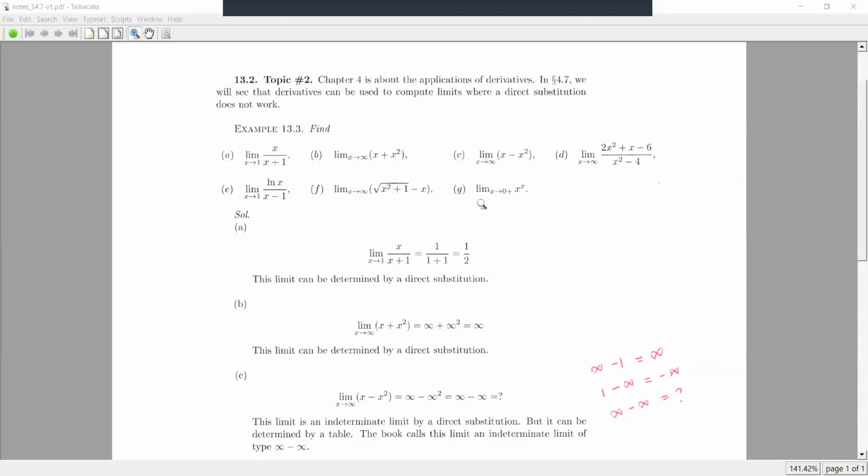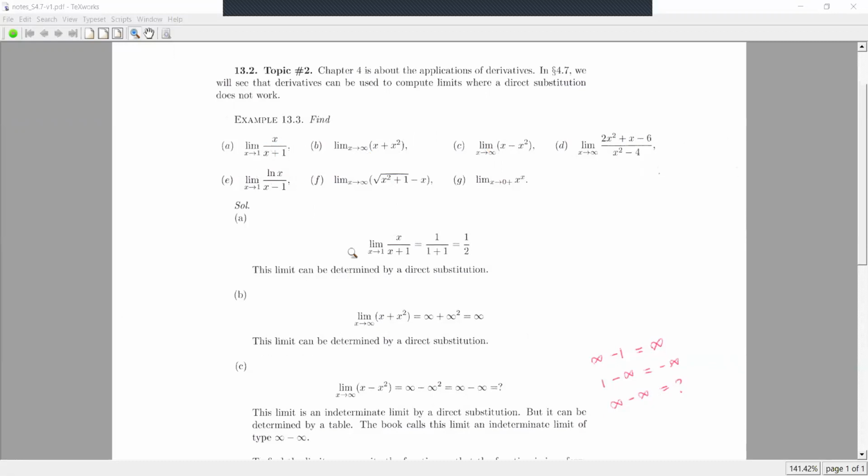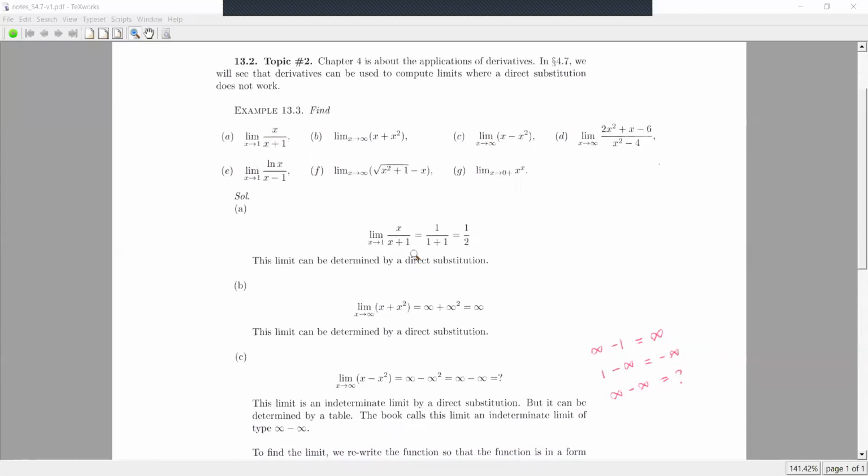Here we have several limits to compute. A, when x approaches 1, what number will this quotient approach? To find this limit, I try direct substitution. Plug in 1 for x, then I get the limit 1/2. So direct substitution works well. So this limit is an easy limit, not difficult.